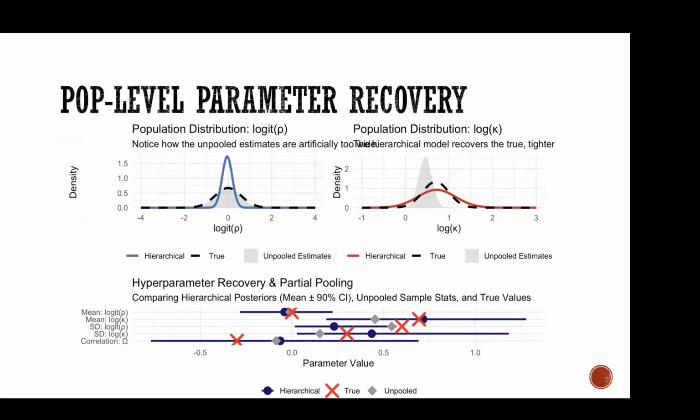The blue one is the estimate that we get from our multi-level model, which is spot on in terms of the mode. It's actually quite overconfident, right? But why is that? Because it's basically calculating the standard error instead of the standard deviation, which we do when we have the single participants.